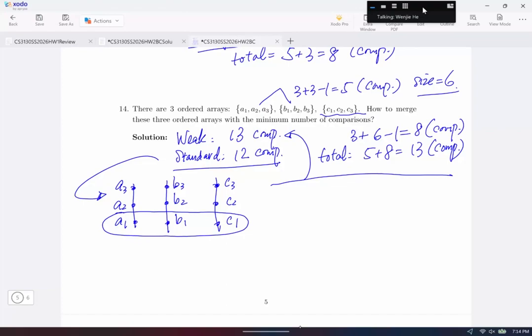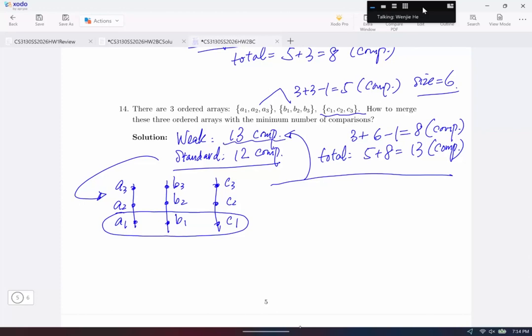If you do it this way, you will use too many comparisons. So this method is much slower. Worse than this weak solution.